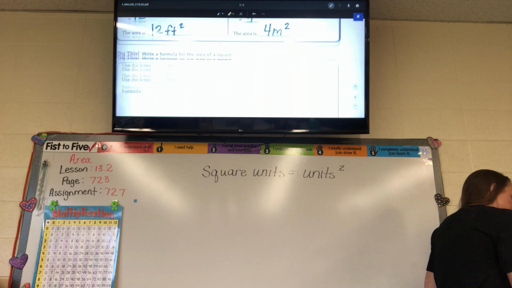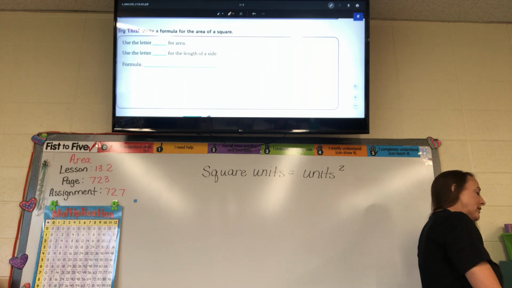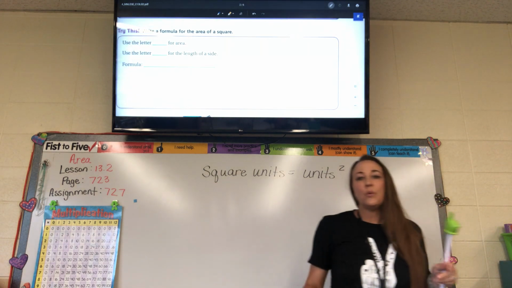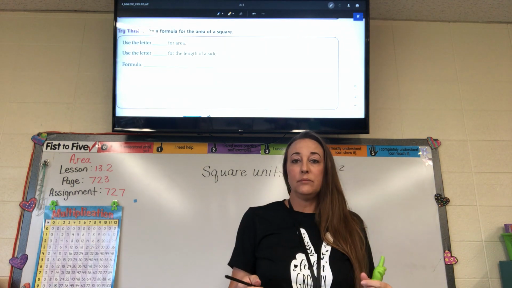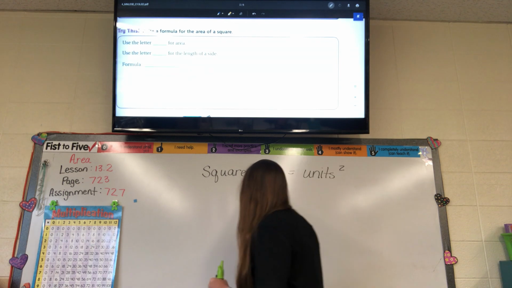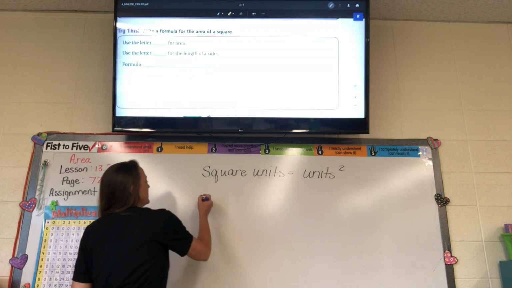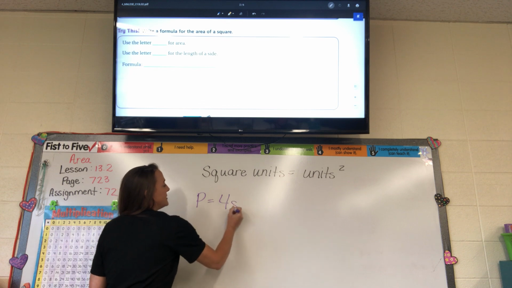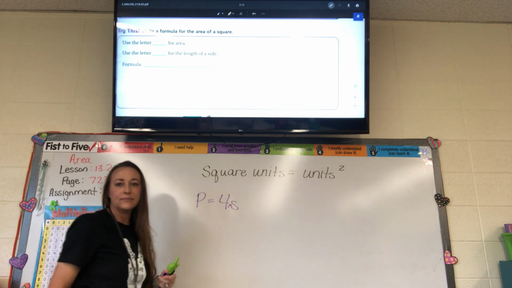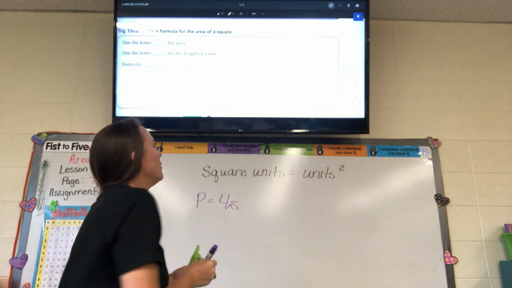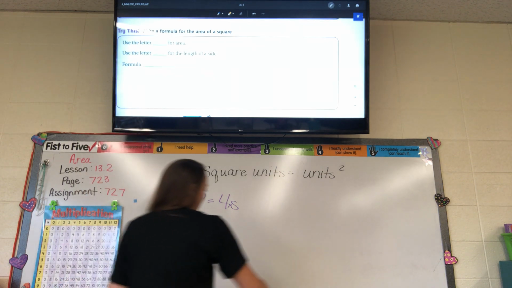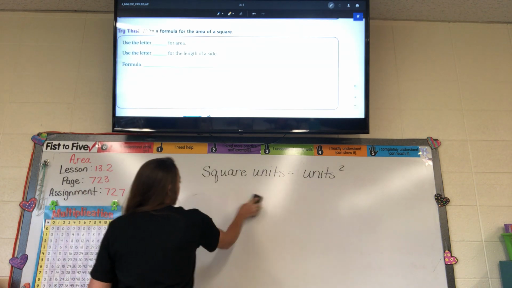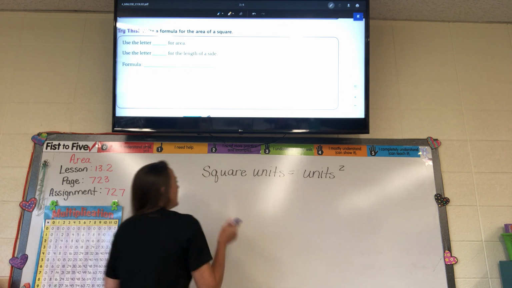So try this, write a formula for the area of a square. Now think about when we did perimeter, okay? When we did perimeter, we used P equals 4 times S, 4 times the side. For the area of a square, let's think about a square for a minute.